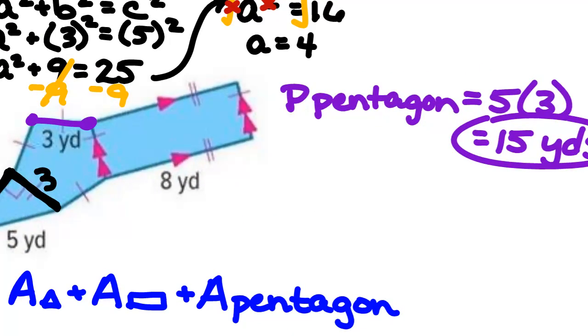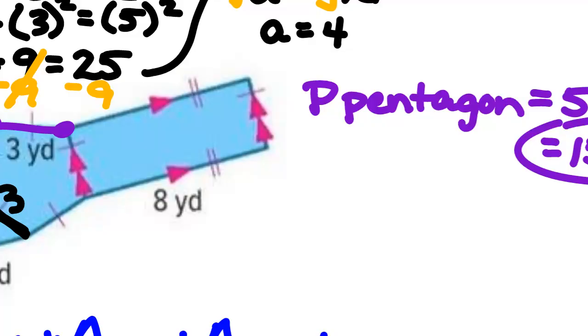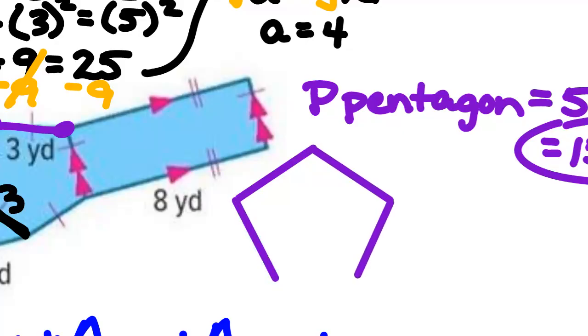So I'm going to draw this pentagon. The apothem goes from the center straight down to the side. Makes a right angle when it gets to the side.